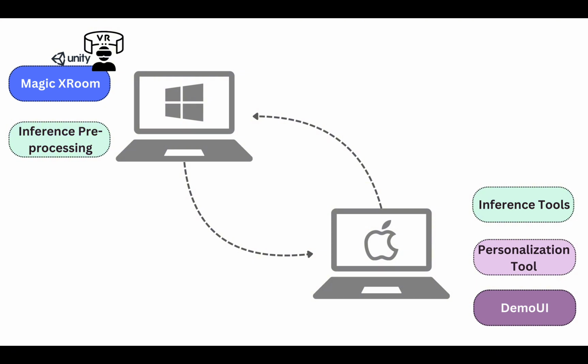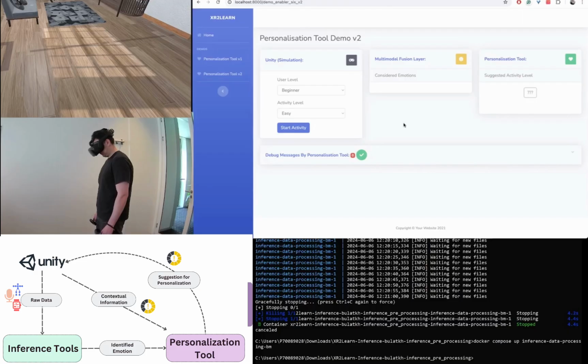In the same machine, we also deployed the Inference preprocessing component that will read the files generated by Magic XRoom and send the processed information to the second machine. In the second machine, a Mac OS, we deployed the other Inference Tools components, the personalization tool and the demo UI.